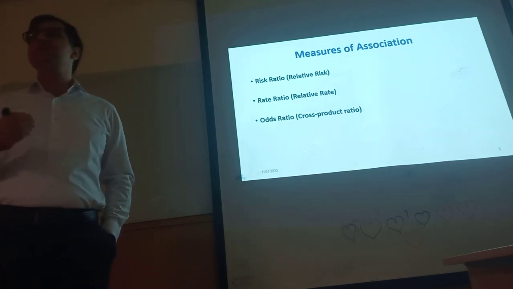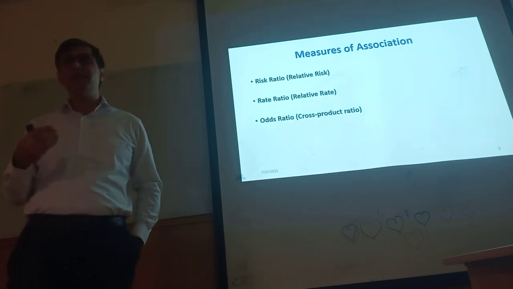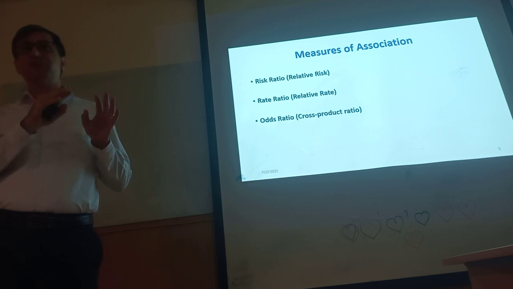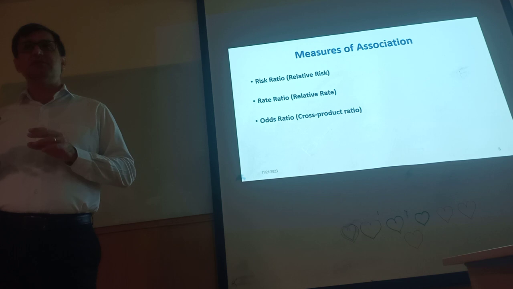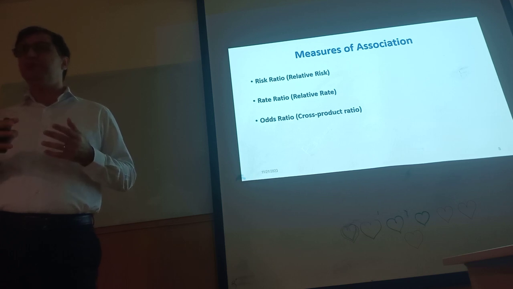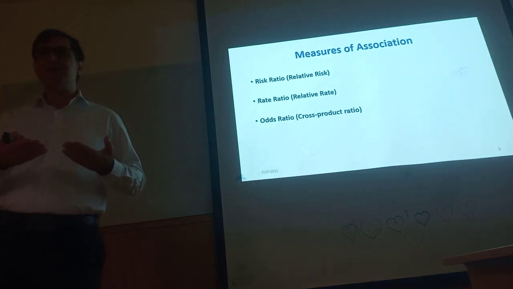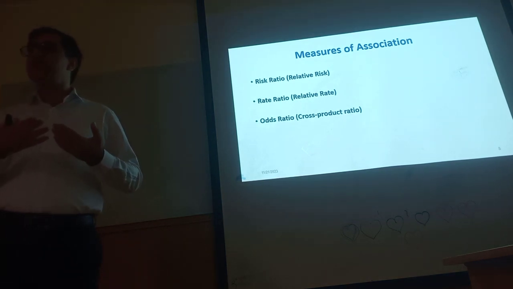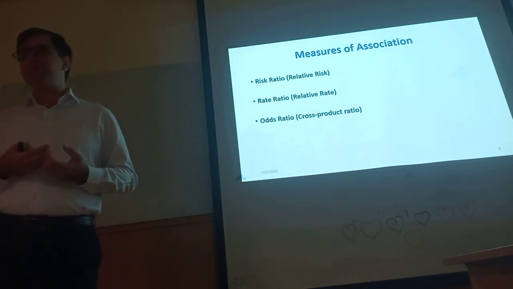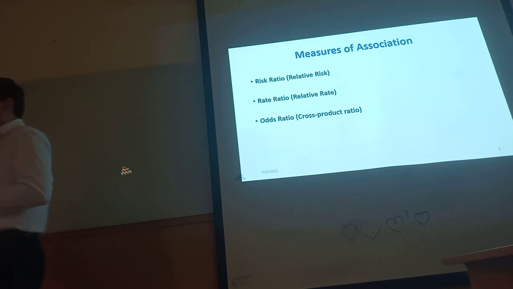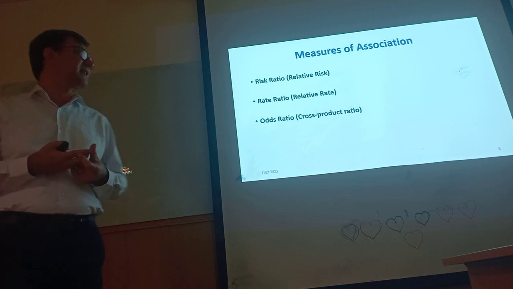So if there is an association between exposure and outcome, we can say that specific exposure can be a cause of that outcome, that disease. So we can do some intervention to reduce the risk by reducing exposure, by cutting the exposure, or by recommending not to be exposed to that specific risk factor.